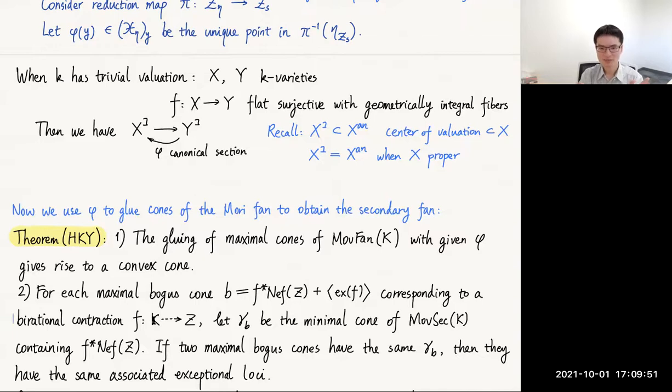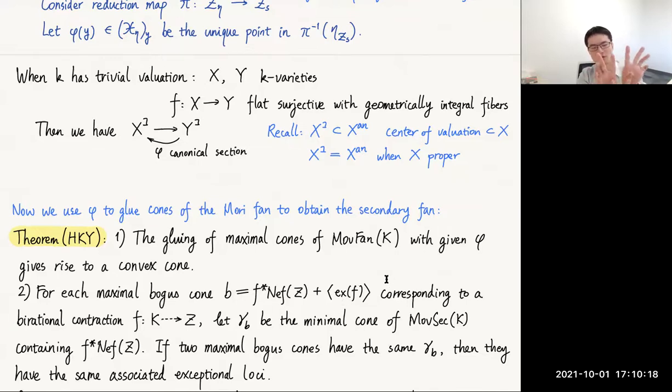And now what we want to say is that this also induces a gluing outside of this moving cone. Because if on the boundary two things are glued together, then they will have the same exceptional divisors.